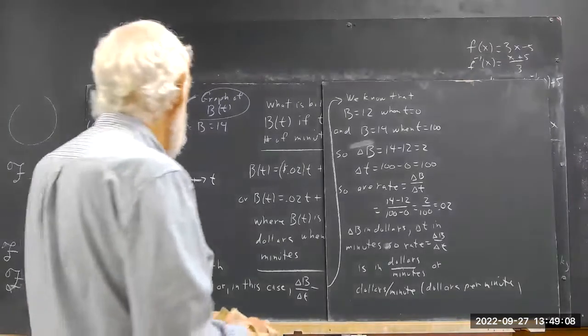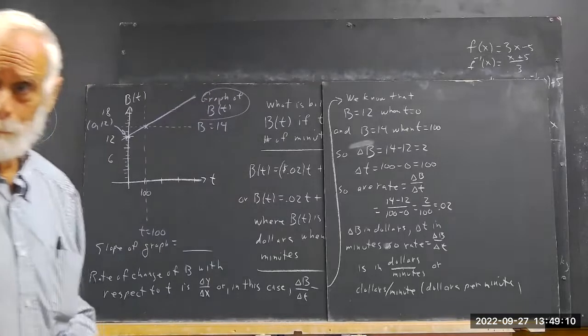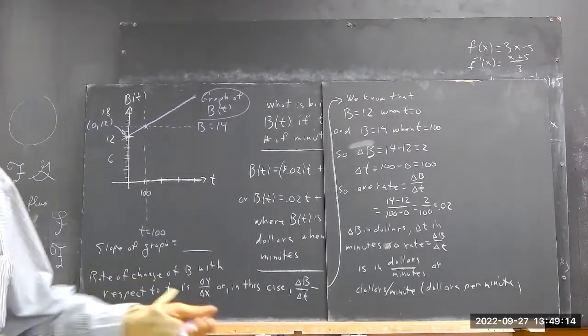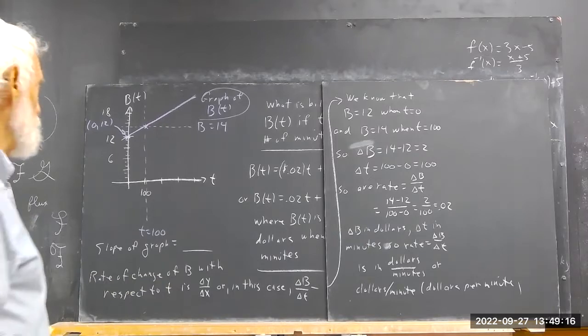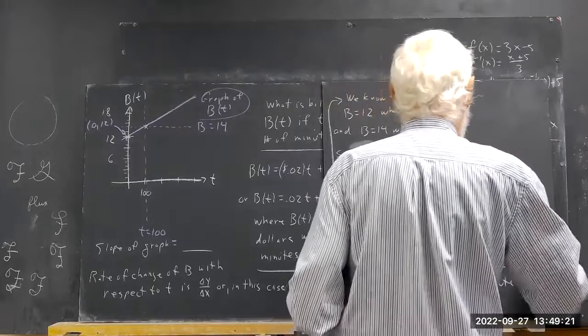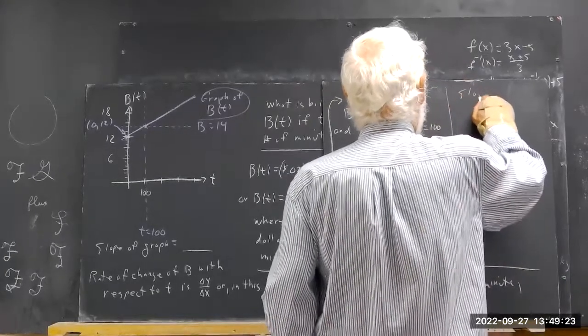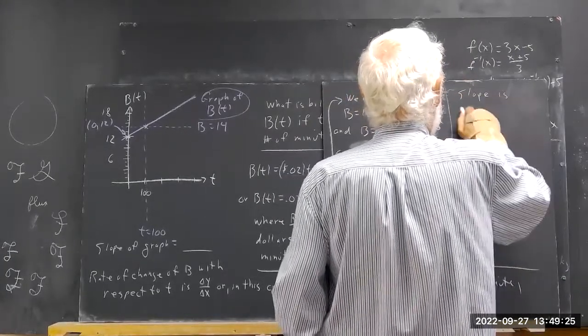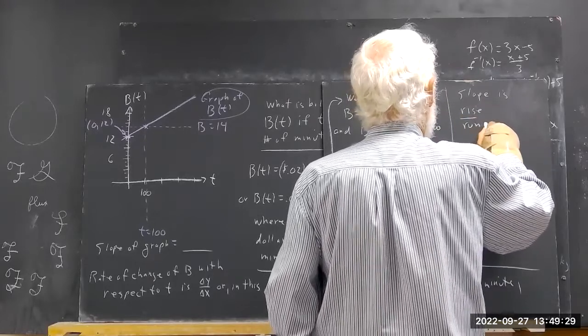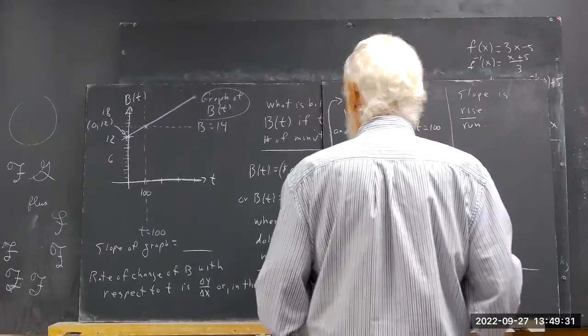So slope is rise over run. Rise divided by run. And everybody's familiar with rise and run.